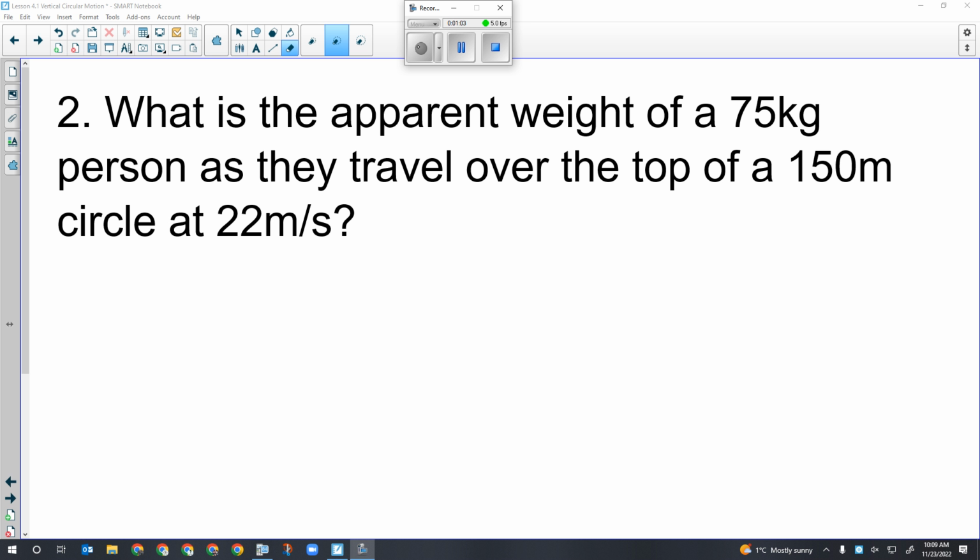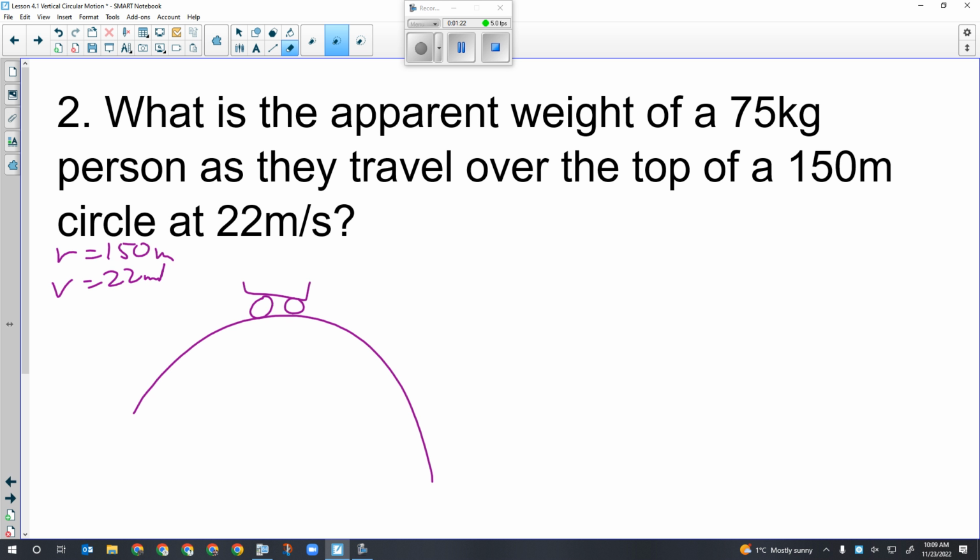Okay, so for this question here, I think we kind of got started on it yesterday at the end, but we didn't finish it. We are looking for the apparent weight as someone goes over the top of a 150-meter circle, so that means that the radius is 150 meters, the speed is 22 meters per second, and their mass is 75 kilograms.